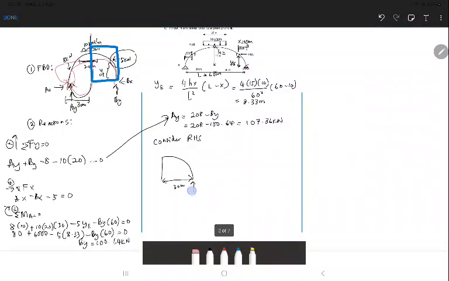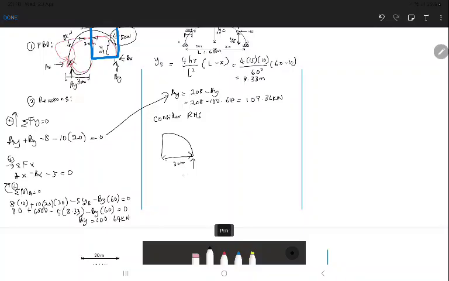By is 100.64. You want to find Bx, so be careful, you have 5 kilonewton here and then another UDL here, half, with the distance of 10 meter.